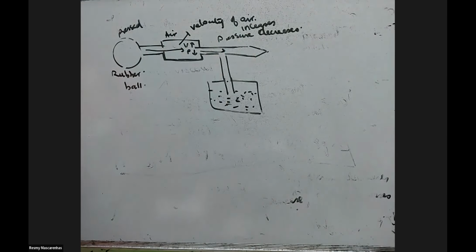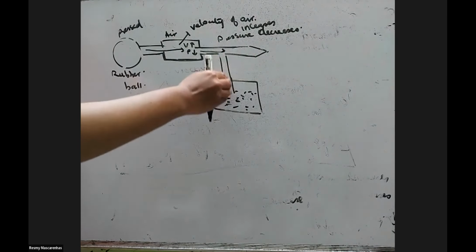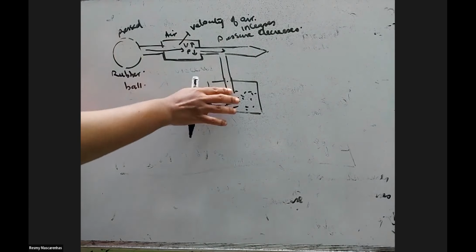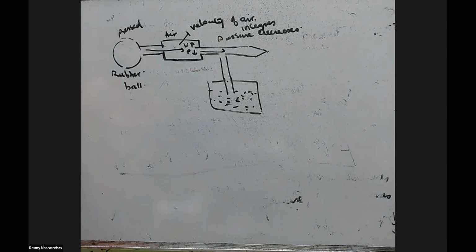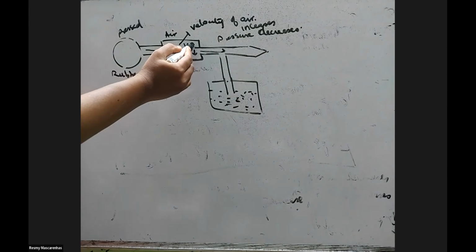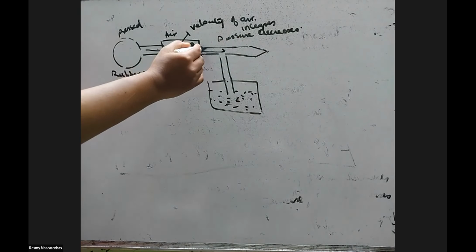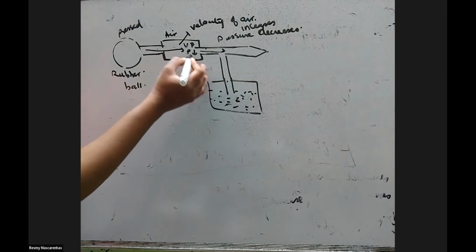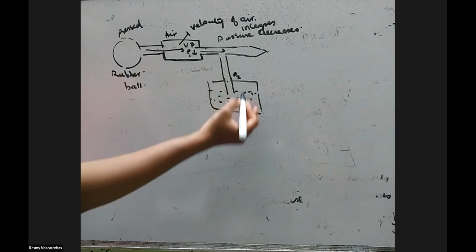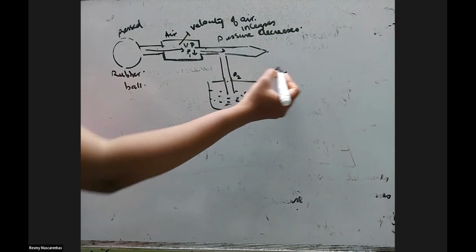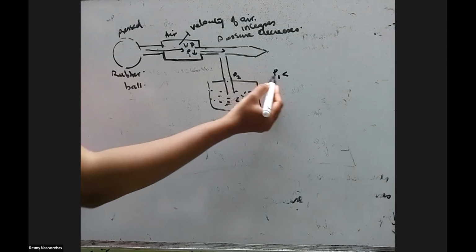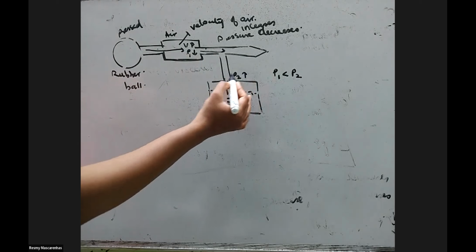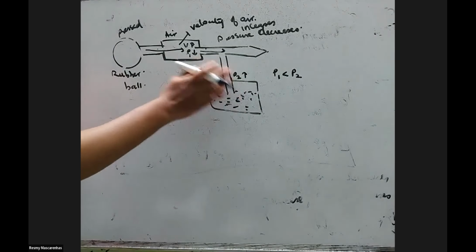Now what is going to happen here? Before pressing the ball, everywhere volume, velocity and pressure were the same. Now comparatively, the velocity of the air went high, so pressure went low. If you compare P1 and here maybe P2, pressure decreased, which means this is smaller than this. So here the pressure is going to increase to maintain the balance.